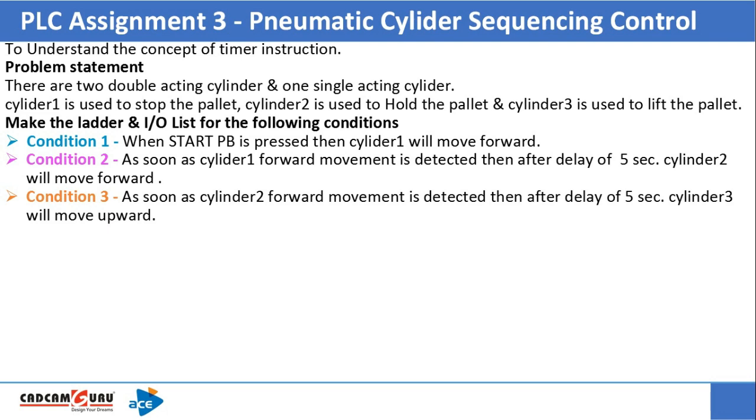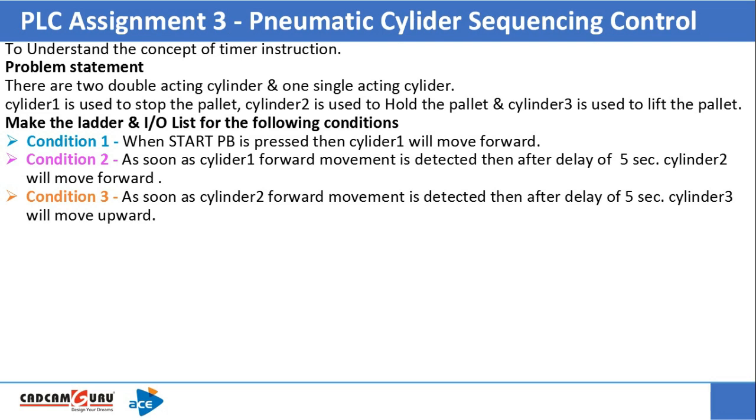Then condition 3: as soon as cylinder 2 forward movement is detected, then after a delay of 5 seconds, cylinder 3 will move upward. Here you can see the upward movement is there for cylinder 3, as cylinder 1 and cylinder 2 are connected horizontally and cylinder 3 is connected vertically.